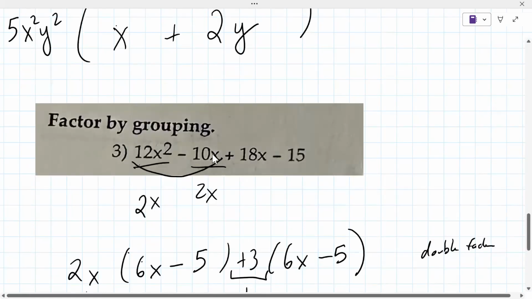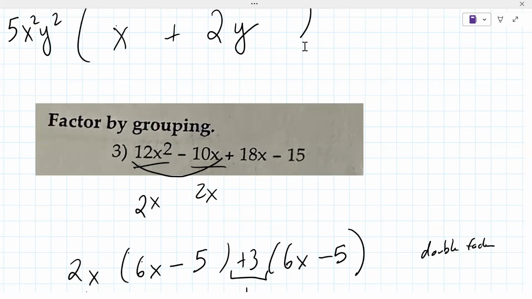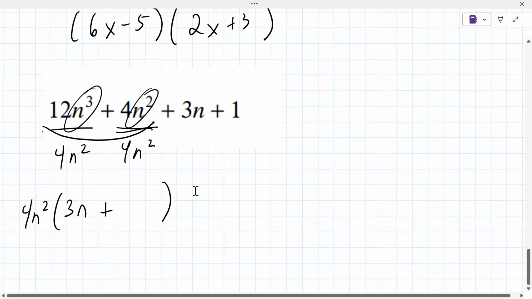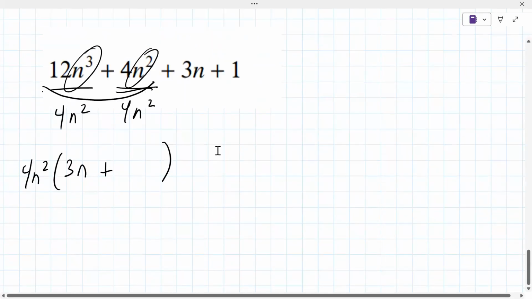It's x divided by x. If it's exactly the same, it just cancels and goes away. That's what I don't think you're fully accepting.